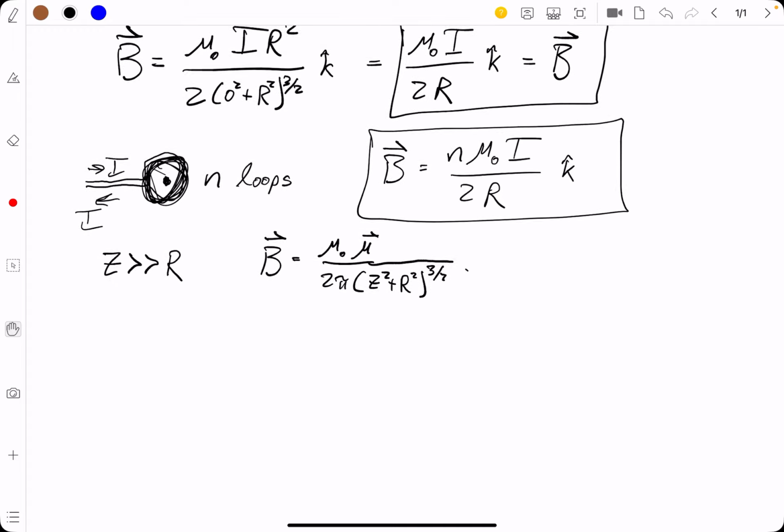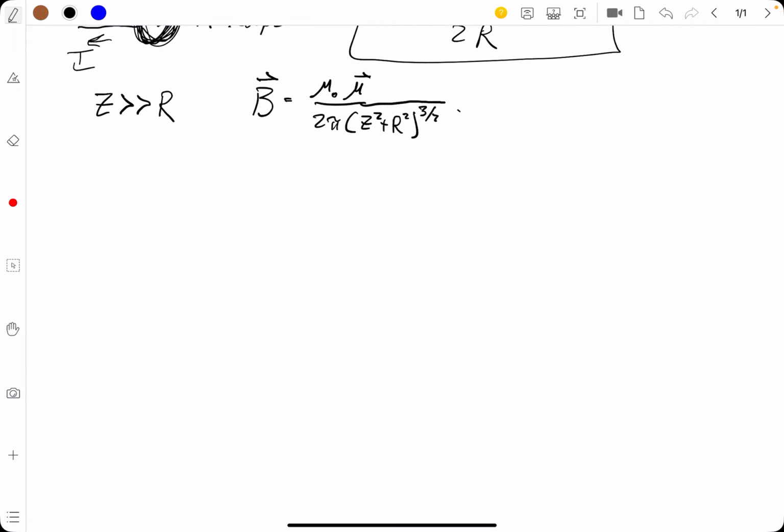Okay, let's move up. So what happens? Well, z is much greater than r.